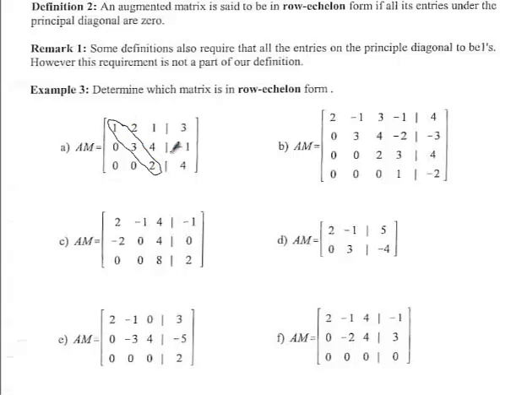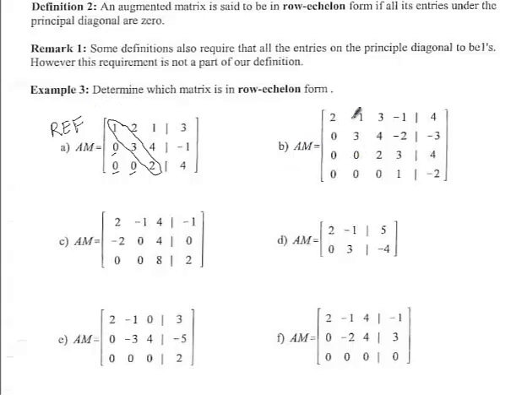So 1, 3, and 2 make up our principal diagonal. If you look below the principal diagonal, we have 0, 0, and 0. All of the entries are 0 below this diagonal, and so this matrix is in row echelon form.